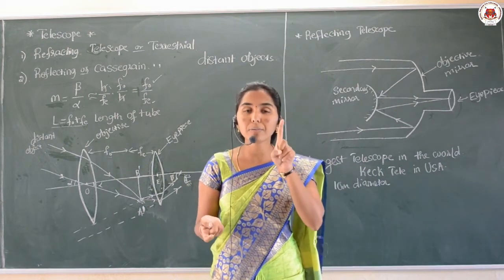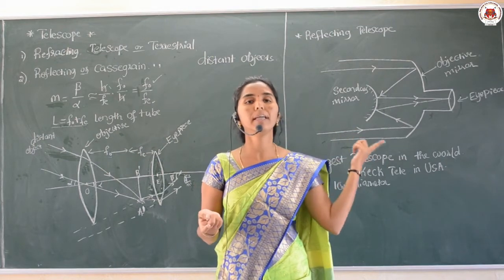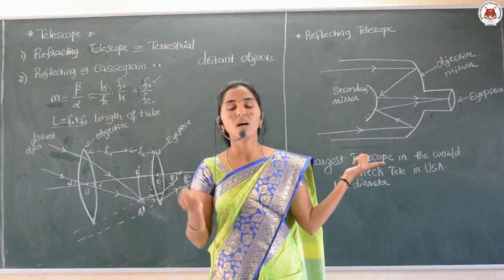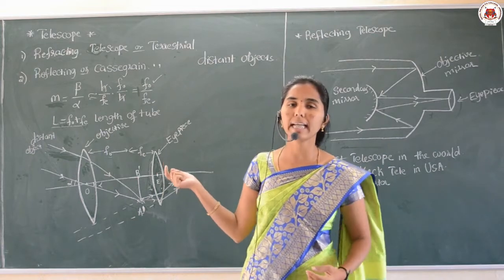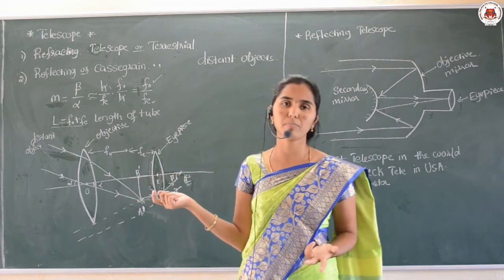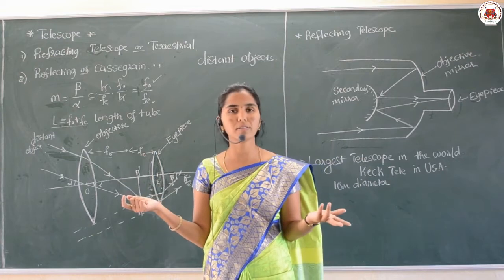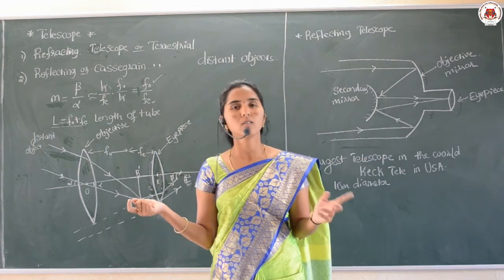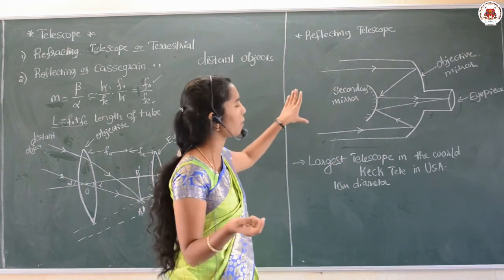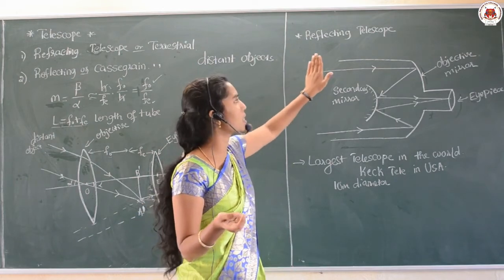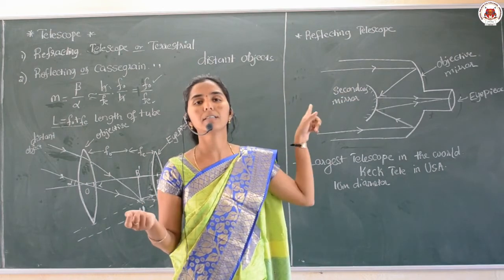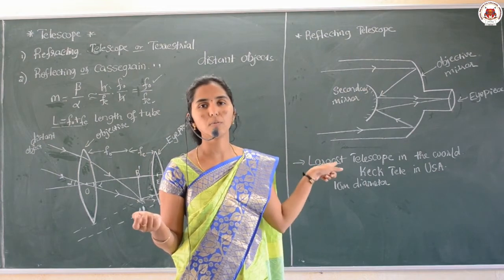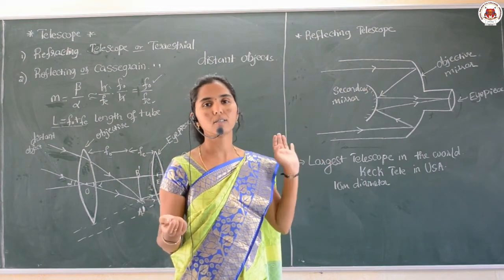So reflection means mirrors are required. Refraction means you may take a lens or prisms or spherical surfaces. So reflection means we need the mirror. It is clear it is reflecting because mirrors are used in this telescope. So it is a reflecting telescope.